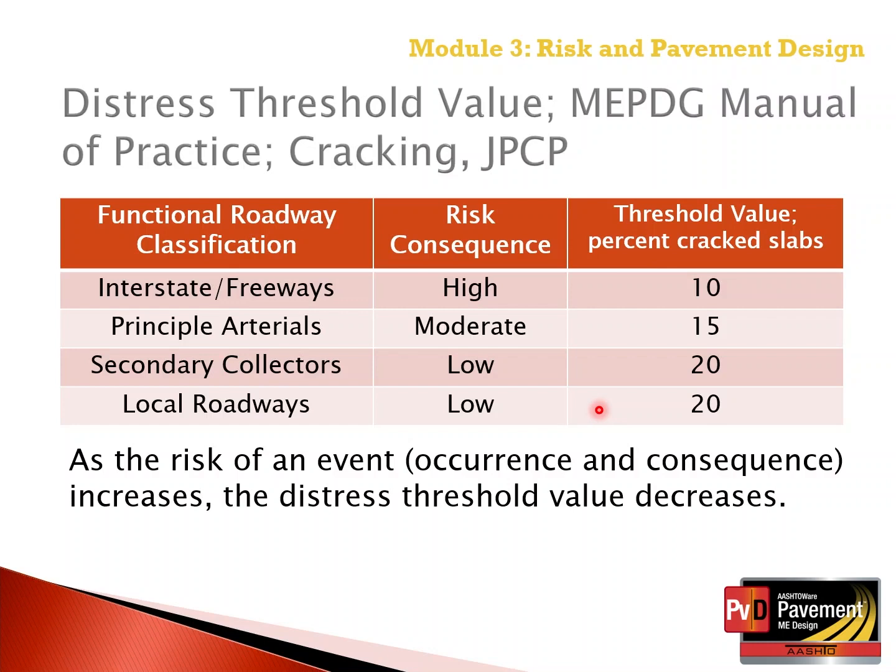And again, these are all default values that are included in the manual of practice. Now for CRCP, continuously reinforced concrete pavements. Again, the slide shows exactly the same thing as the previous slides: the threshold values, punch-outs per mile, going from high volume interstates to low volume local routes.